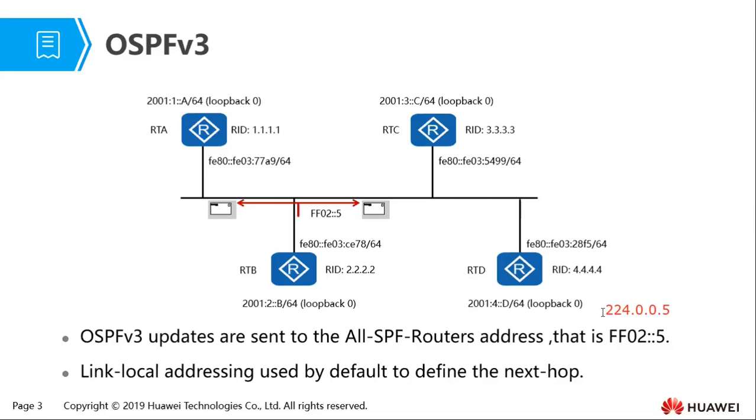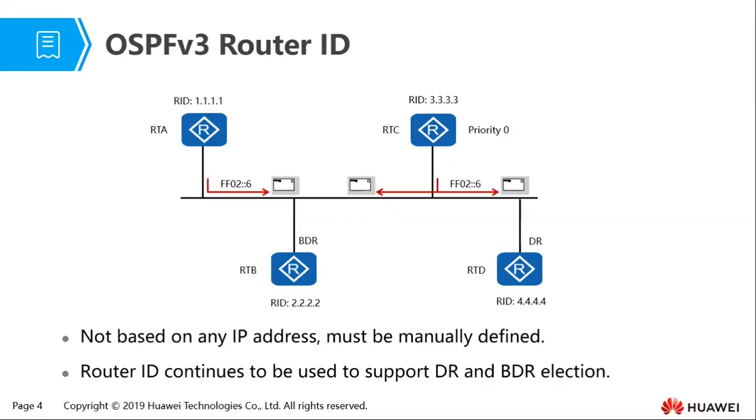In OSPF version 2, they listen on 224.0.0.5. It should be noted that you cannot run both versions in the same network because they are not compatible. OSPF version 3 and OSPF version 2 are not compatible.